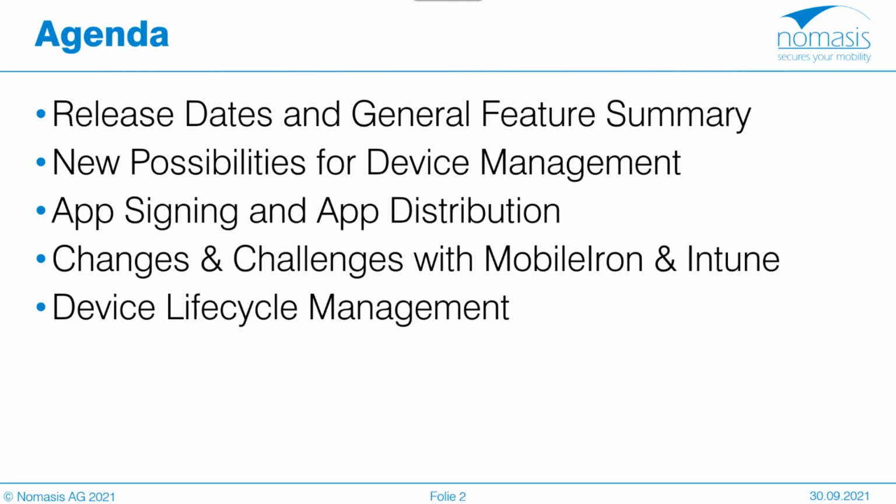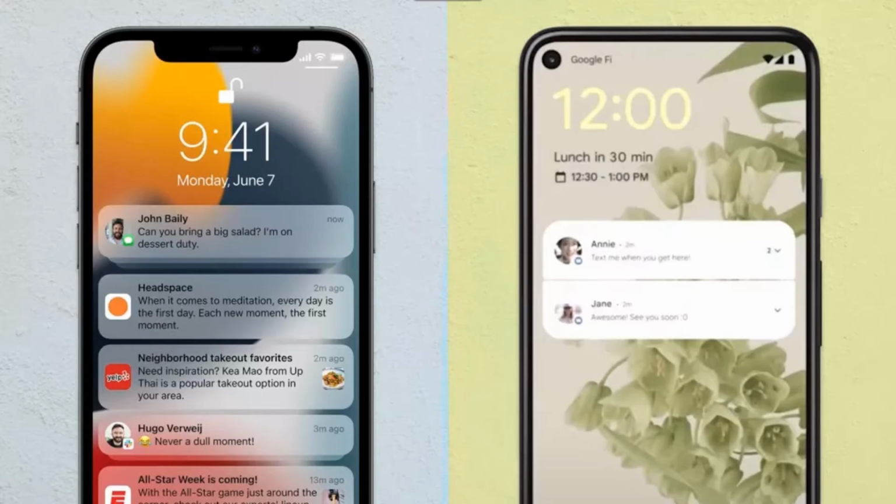Then a quick part about app signing and app distribution, then the challenges and changes that are coming for the MDM systems, Mobile Iron and Intune, and at the end, a quick session about device lifecycle management with regards to the versions.